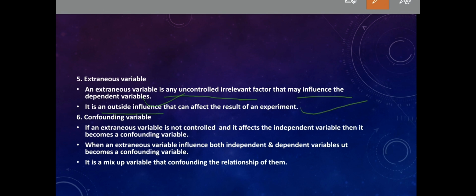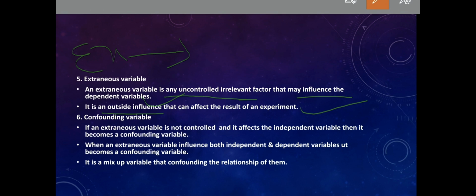Then, what are confounding variables? Confounding variables arise if an extraneous variable is not controlled.